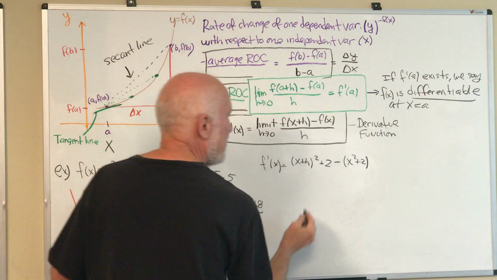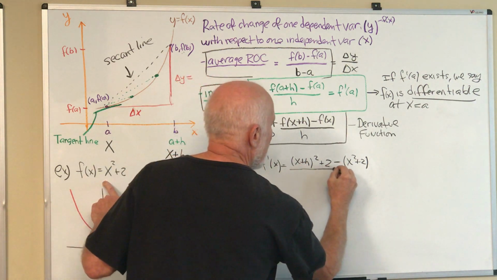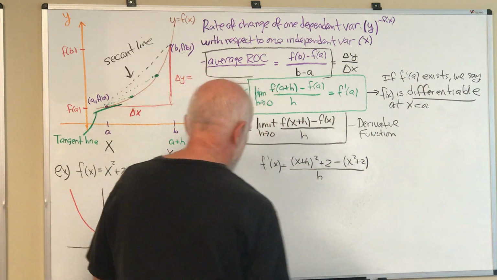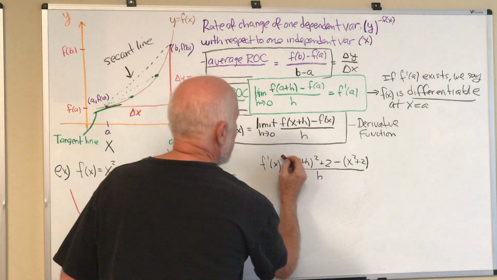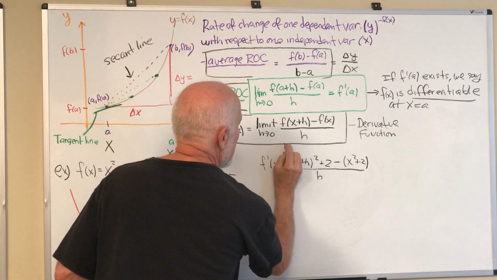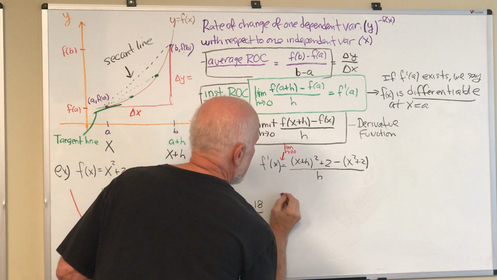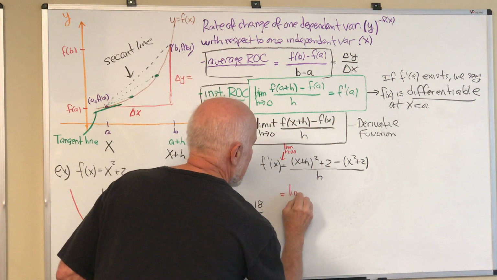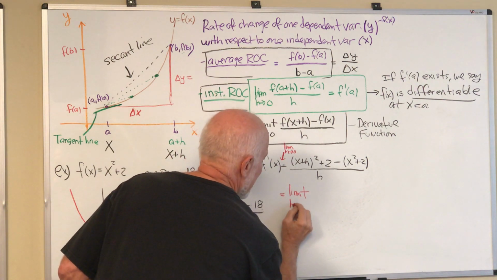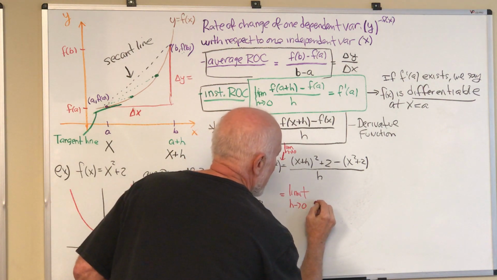Don't forget to put your parentheses, all over h. Oops, I forgot. Right in here should be the limit as h approaches 0. So now I get, I won't forget it this time, the limit as h approaches 0.